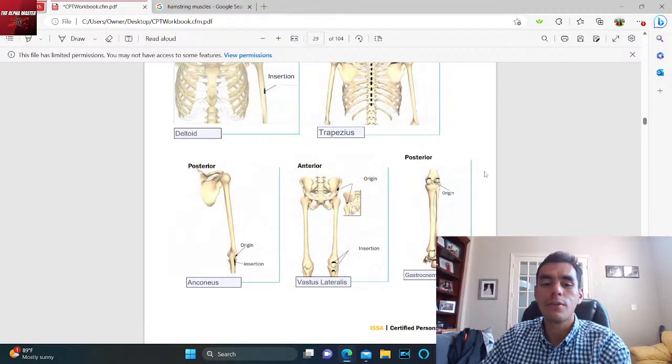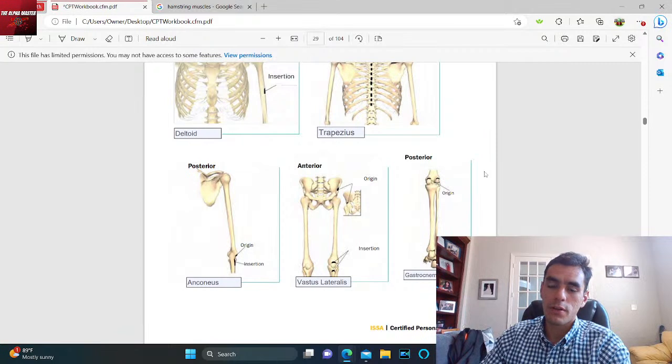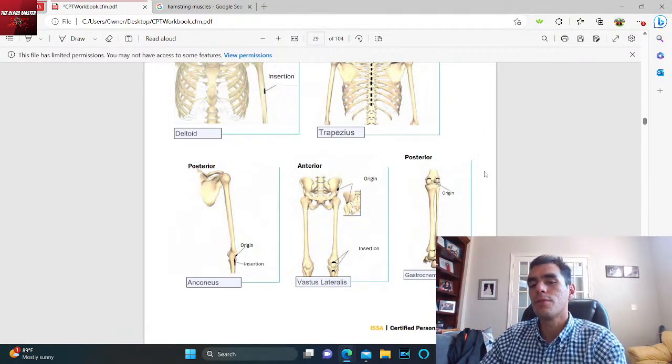The vastus lateralis is going to be on the anterior side of the patella. The insertion is going to be between the femur and the tibia slash fibula, and the origin is going to be around the iliacus side of the hip, anterior side, and the posterior is going to be in the gastrocnemius.